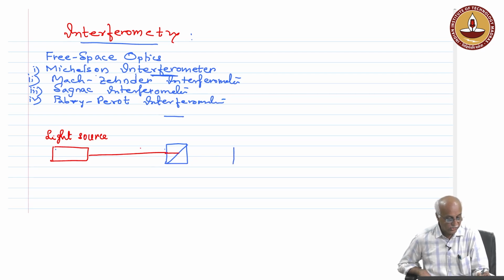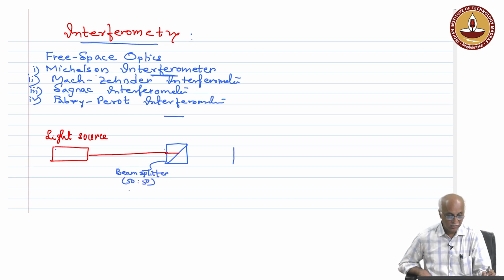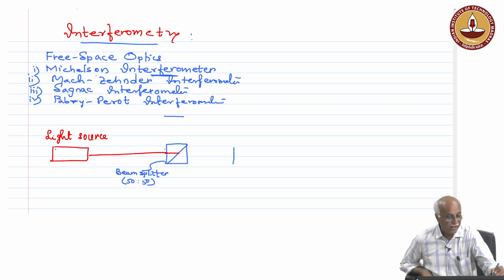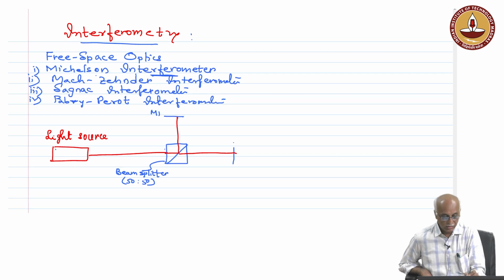This is the beam splitter, and let's assume it's a 50-50 beam splitter. What it means is, 50% of the light is reflected up like this, and 50% of the light is transmitted. Over here, this is, let's say, mirror 1. Here there's mirror 2.